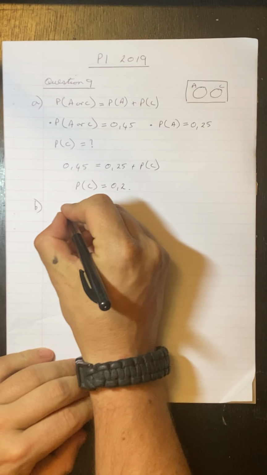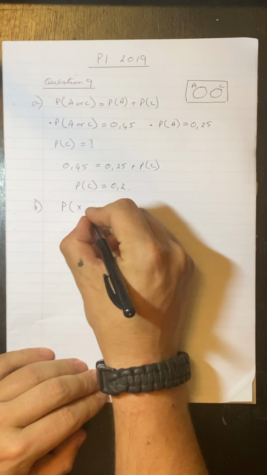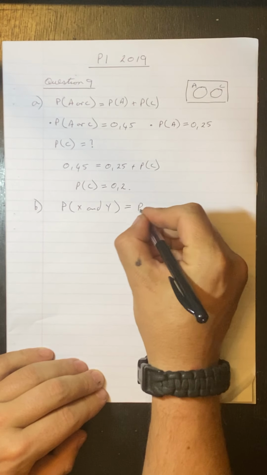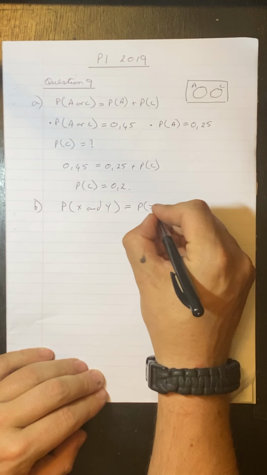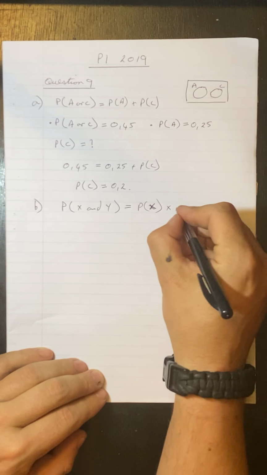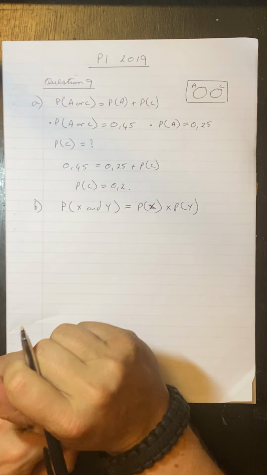Now, for independent events, the formula is the probability of X and Y will be equal to the single probabilities multiplied by each other. So the probability of X multiplied by the probability of Y. That is your independent formula.